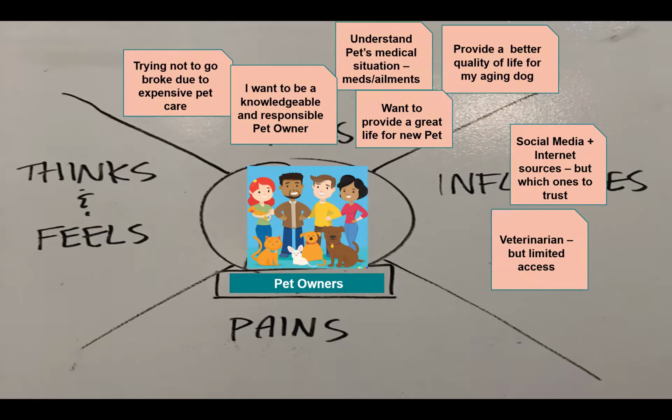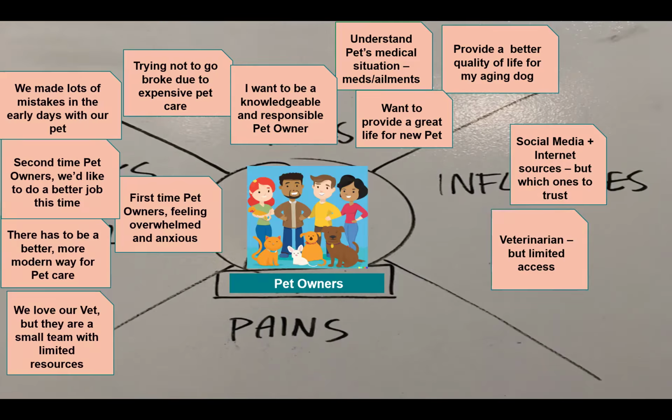And what are they trying to do? Well, they're trying not to go broke due to expensive vet care. And, I want to be a knowledgeable and responsible pet owner. That was a new pet owner. Trying to understand the pet's medical situation, their meds and ailments. Somebody said they want to provide a great life for their new pet, and somebody else said they want to provide a better quality of life for their aging dog.